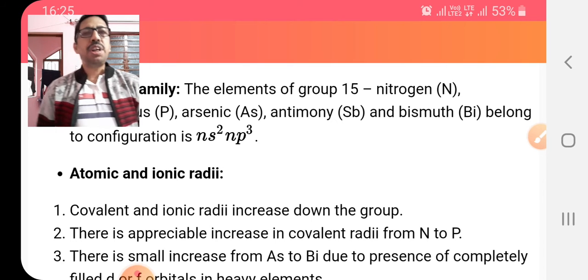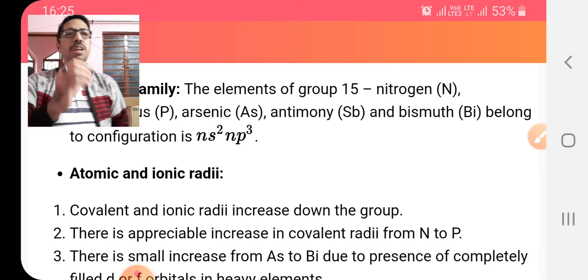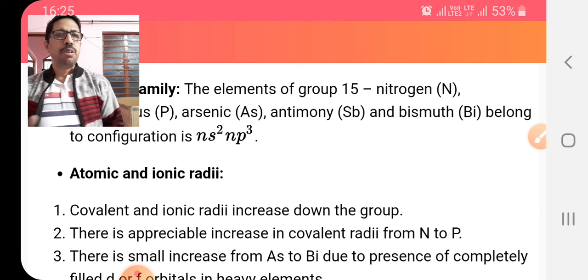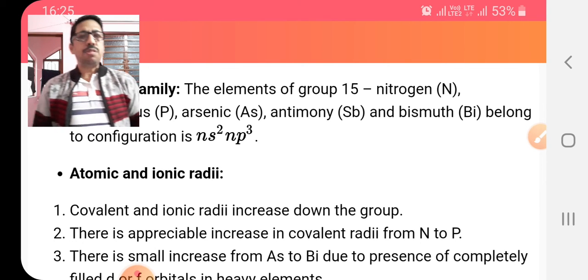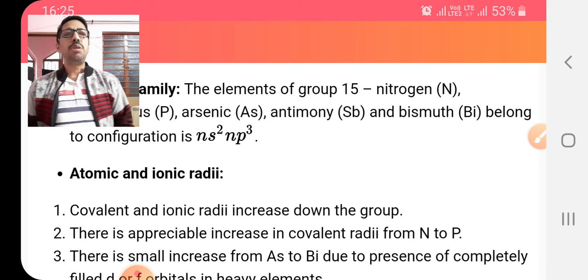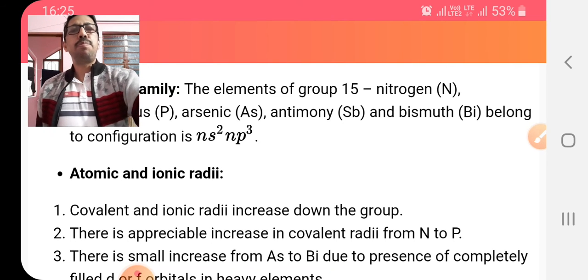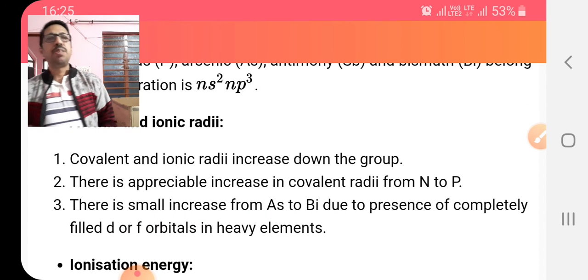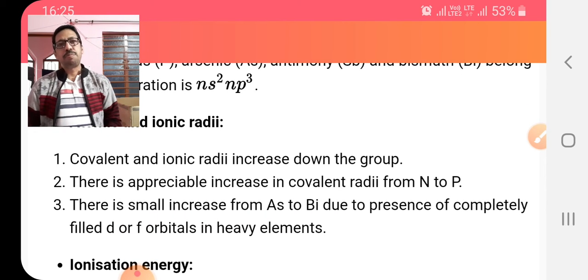Now the second point, there is an appreciable increase in the covalent radii from nitrogen to phosphorus. The third point, there is a small increase from arsenic to bismuth due to the presence of completely filled d or f orbitals in heavy elements.